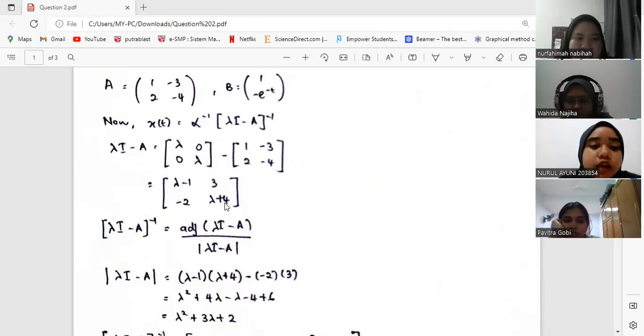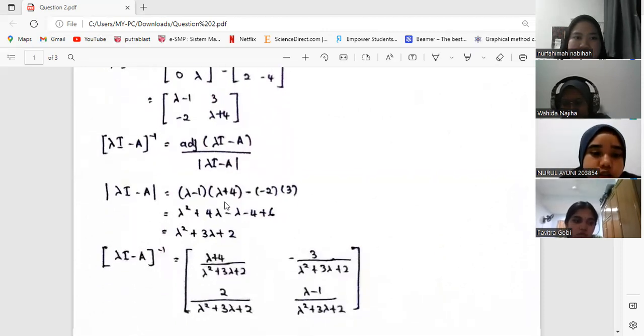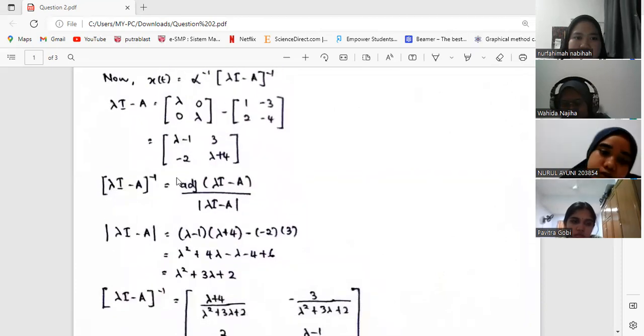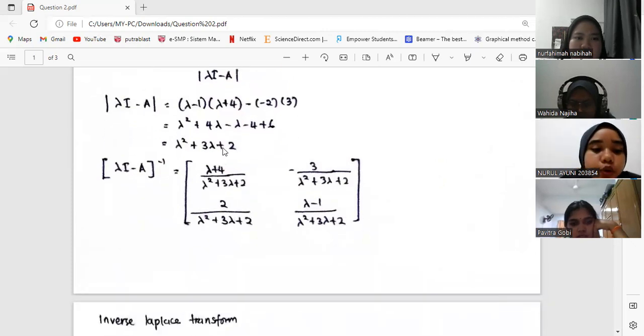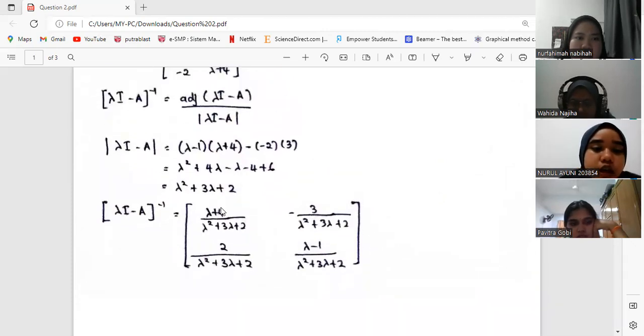We will find the inverse of this matrix. The determinant is lambda minus 1 multiplied with lambda plus 4 minus negative 2 multiplied with 3, which gives lambda squared plus 3 lambda plus 2. So we will find the inverse of this.